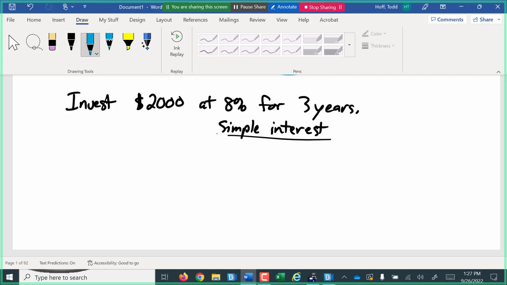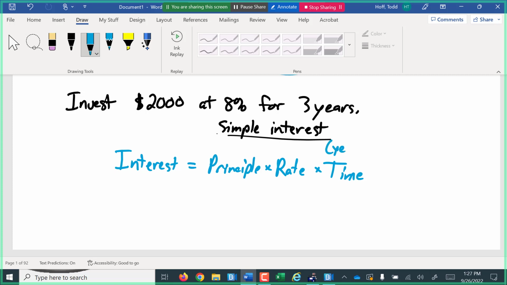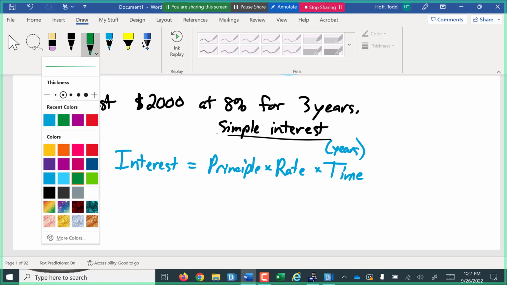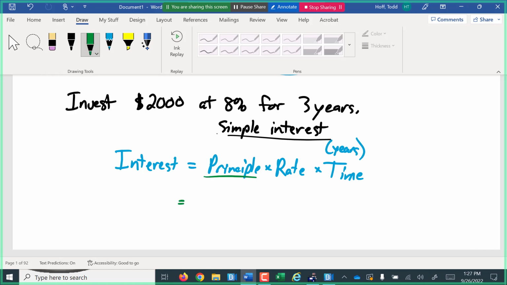So we would modify our formula here, so the total interest would be the principal times the rate, but then times the time, where the time, of course, is in years. So for this problem, what's our principal? $2,000. Good. What's our rate going to be?